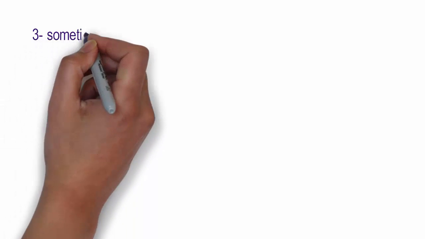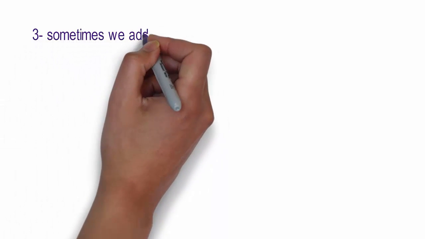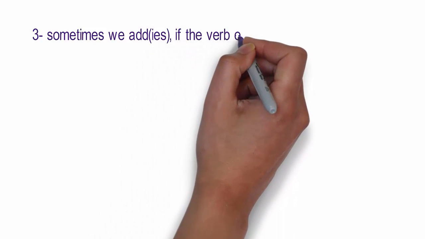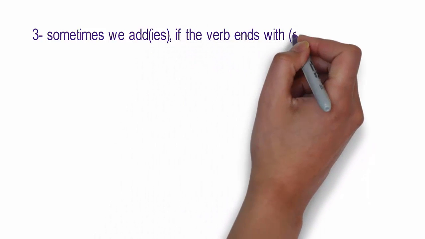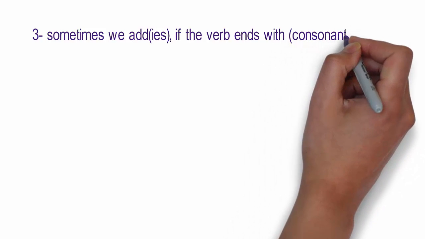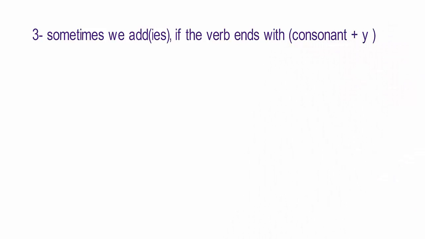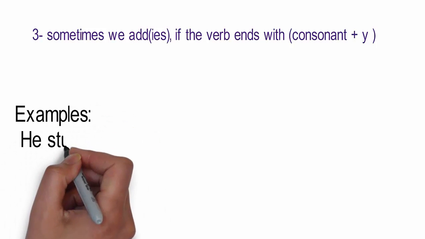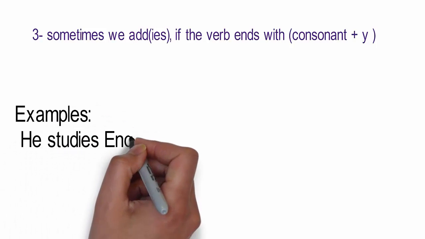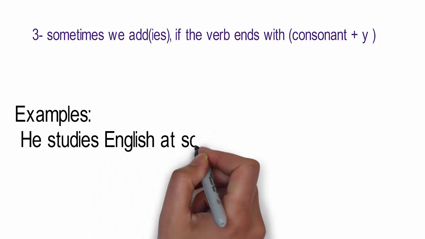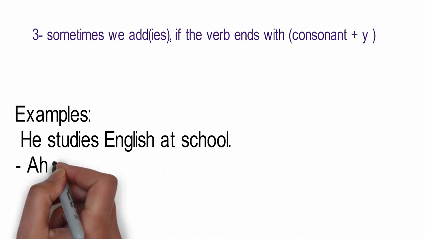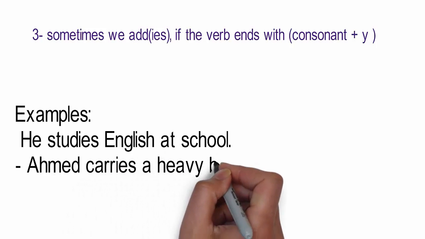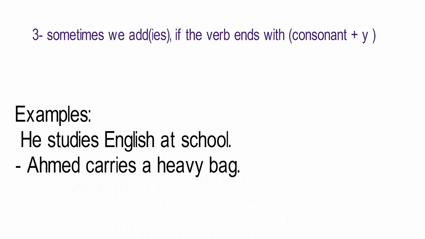Sometimes we should add ies if the verb ends with a consonant letter plus y. We should change the y into ies. For example, he studies English. Ahmed carries a heavy bag. As you can see, the verbs are studies and carries.